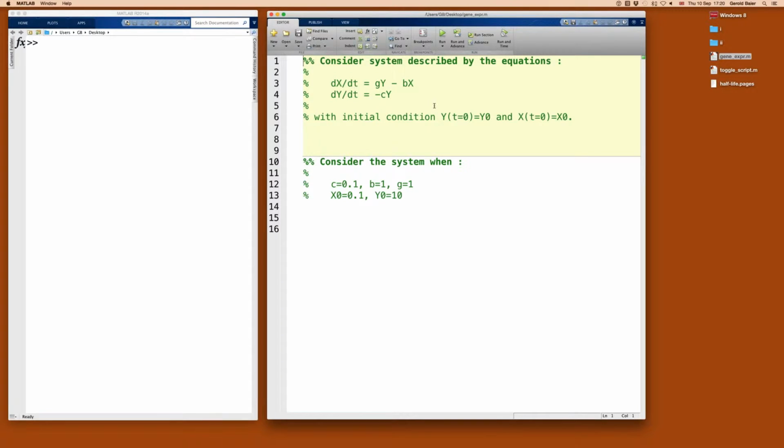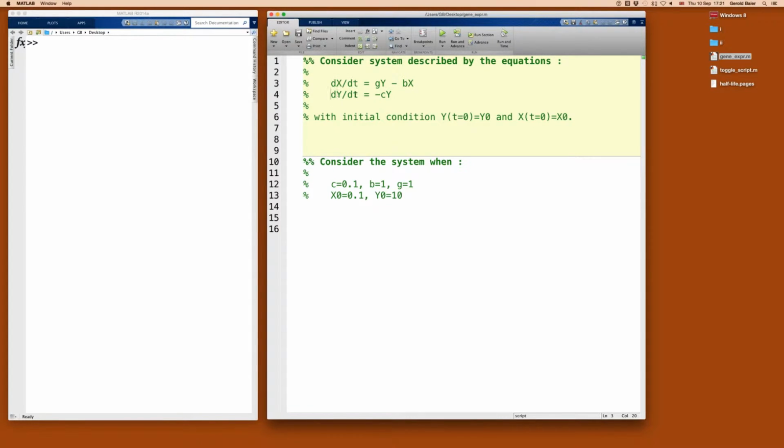So we have been given this system, which is a modified version of a system that is in the materials, where we have two differential equations that are coupled. So we have the rate of change of x is equal to some parameter g times the variable y minus some parameter b times the variable x.